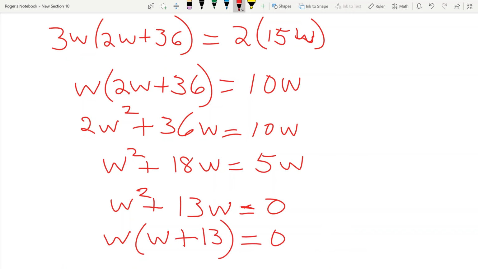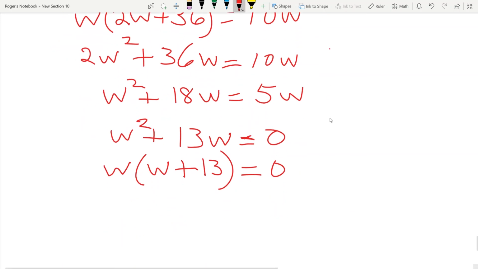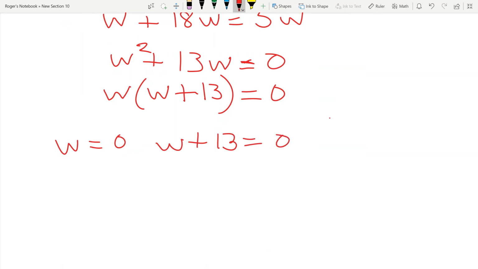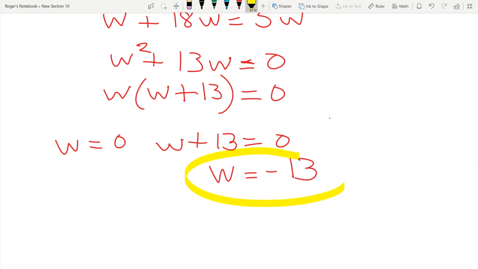Now, you know there are two ways you can get this answer. You can have w equal to 0, or you can have w plus 13 equal to 0. And if w plus 13 is 0, w would be equal to negative 13. There's the same answer we had before.